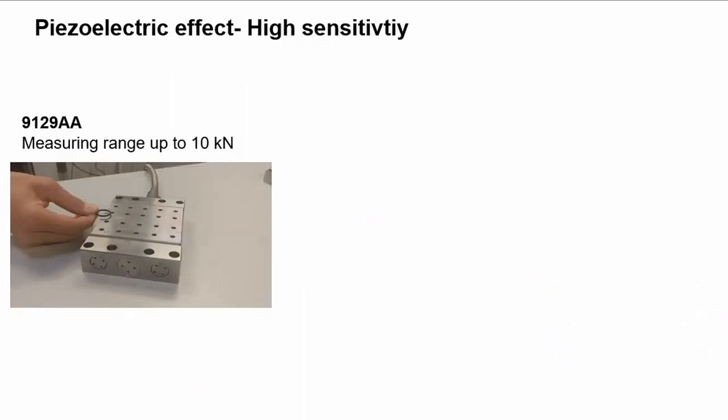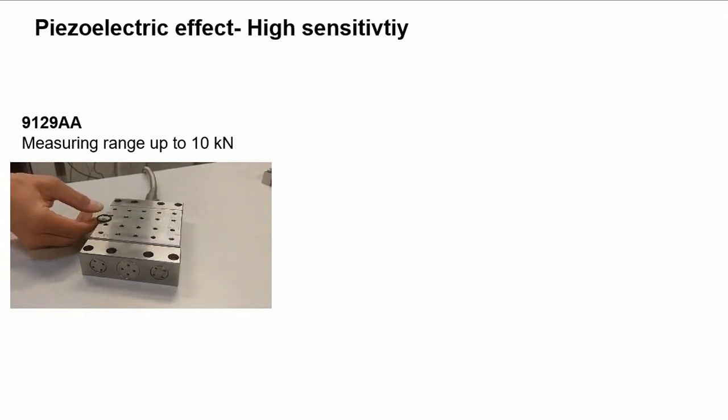In order to showcase the sensitivity of the piezoelectric dynamometers, a small O-ring is placed on top of a piezoelectric dynamometer, very similar to 9527B. It is a static dynamometer, and the mass of this O-ring is 0.33 grams.